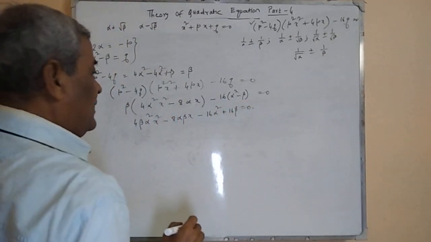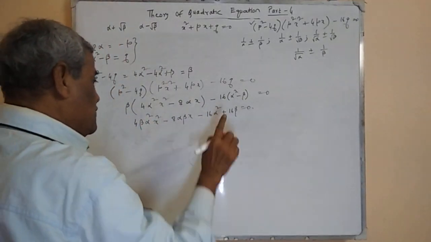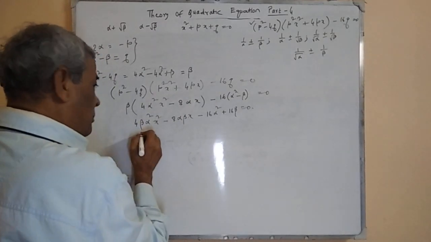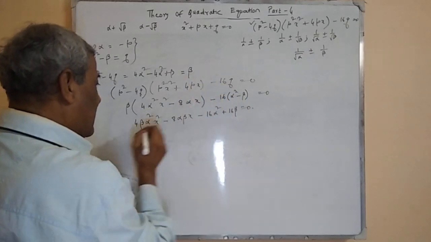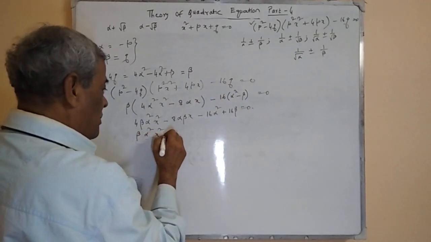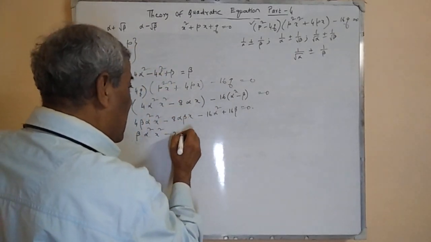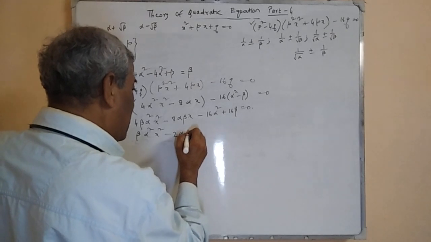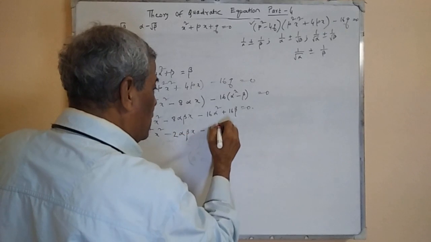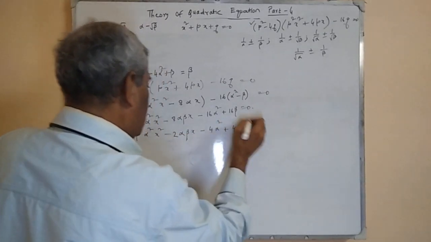So now the coefficients are in terms of alpha and beta. 4 can be cancelled from there, so beta alpha square x square minus 2 alpha beta x minus 4 alpha square plus 4 beta is equal to 0.